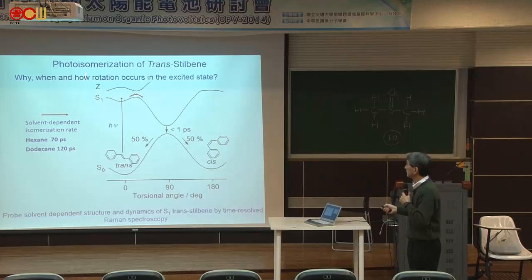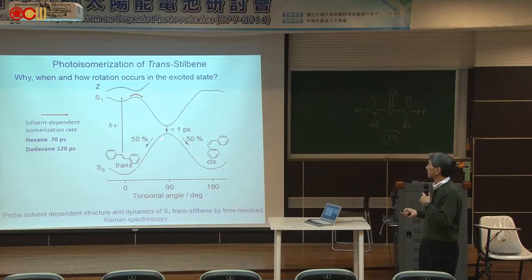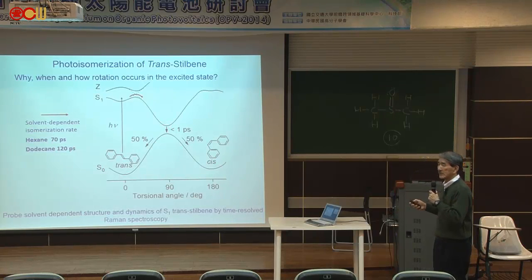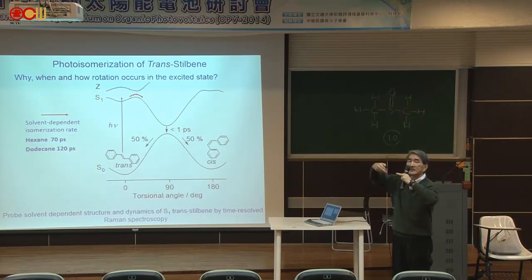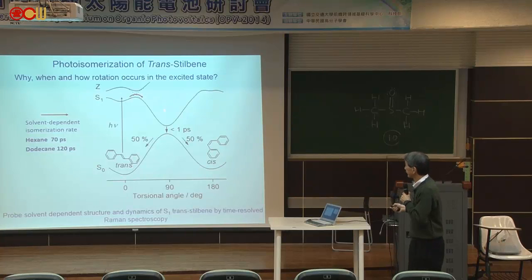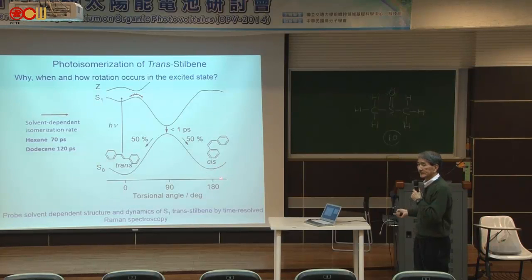The scheme expected by these photochemists is that in the excited state the rotation occurs, and then it goes into the perpendicular or phantom state, with a 90 degree twisted structure, and then it comes down, 50% back to trans and 50% to cis.